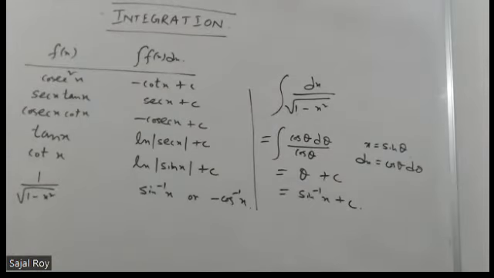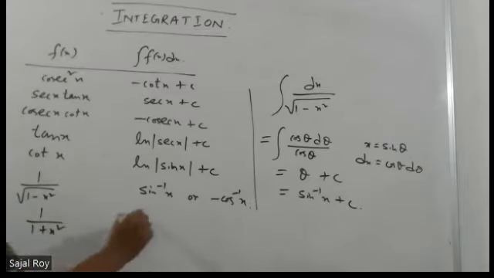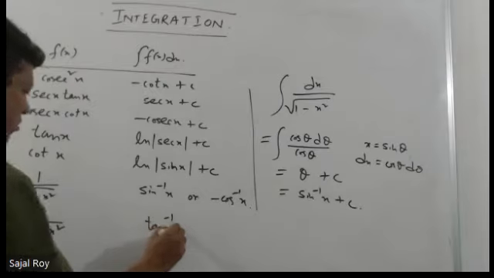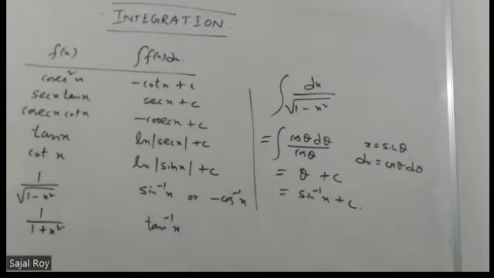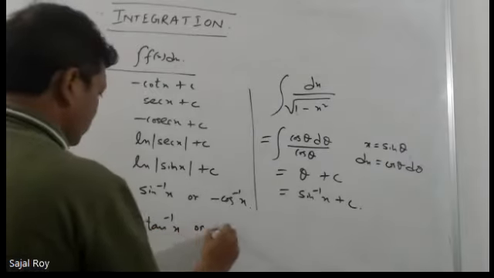So that is the result. Or in JEE, we don't have much time, so you can write these results directly. Similarly, if you have 1 over 1 plus x squared, it's going to be tan inverse x, right? Or minus cot inverse x.